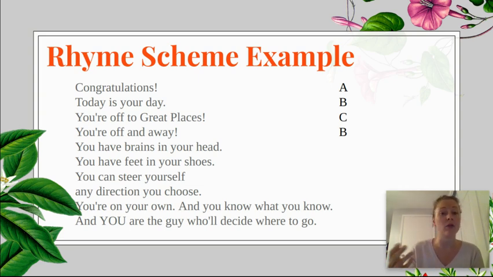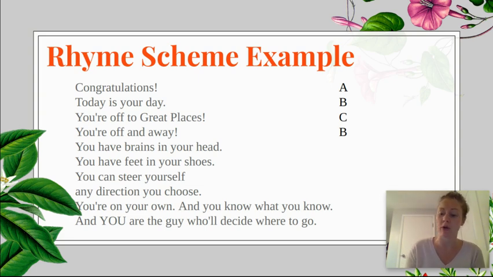You have brains in your head. Head doesn't rhyme with away, places, or congratulations, so I go on to the next letter of the alphabet, which is D. You have brains in your head, D. You have feet in your shoes. Shoes doesn't rhyme with head, so I go on to the next letter of the alphabet, E. You can steer yourself, again, doesn't rhyme, so F. Any direction you choose.